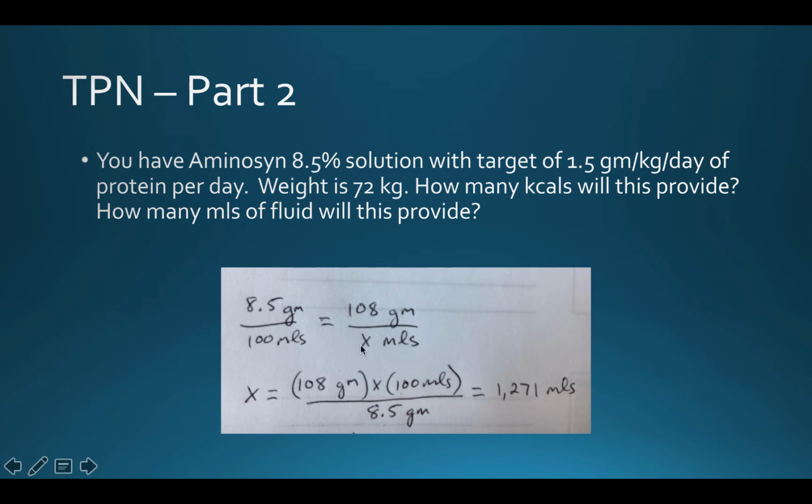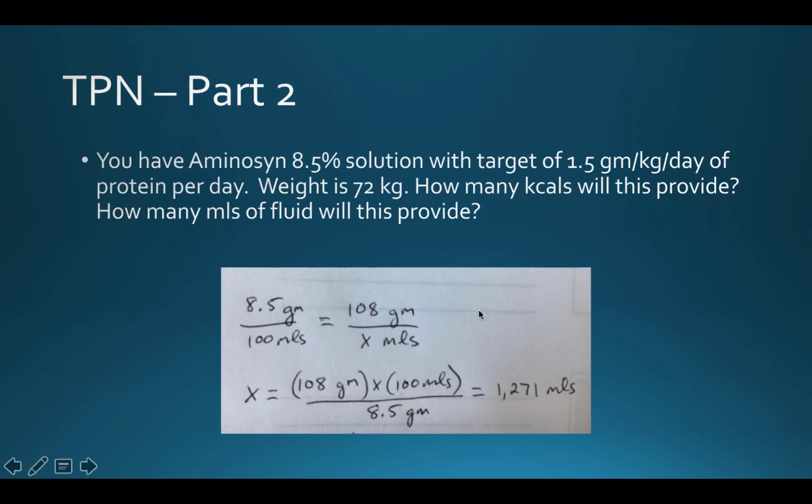So solving for X, swinging X over to the other side, flipping this over, we get 108 grams times 100 mils. The grams cancel out as far as the unit conversions, and that's sometimes a helpful trick to ensure that you're doing your math correctly. And we end up through this calculation with approximately 1,270 mils for our total amount of fluid that this Aminosyn solution would provide.